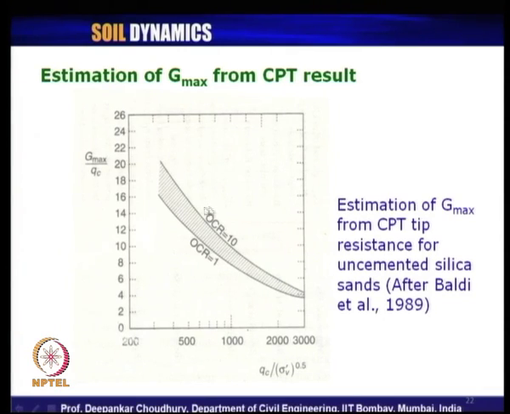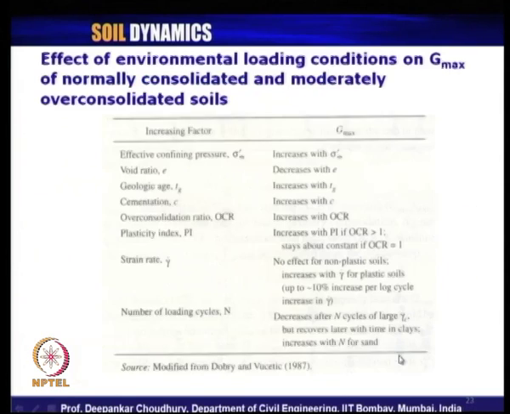So, the typical variation for different OCR levels is like this. They have proposed this for uncemented silica sand, and the trend shows that with increase in over consolidation ratio for a soil, the G max value will increase. That is what they have shown through the experimental results.